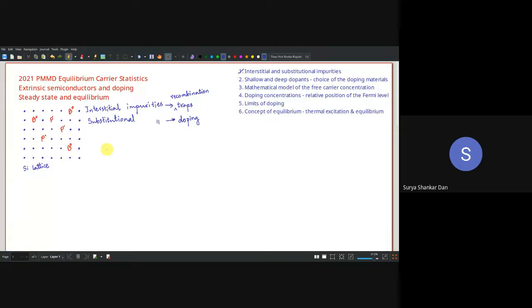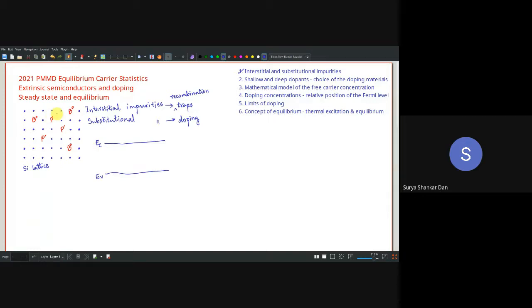From the band diagram perspective, if you're having an EC and EV, this part is clear to everybody, right? Why EC is coming, how EV is coming, what is the band gap and all that. So this is the case of silicon.